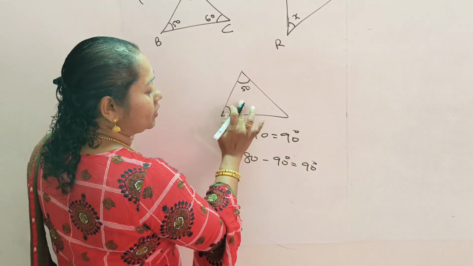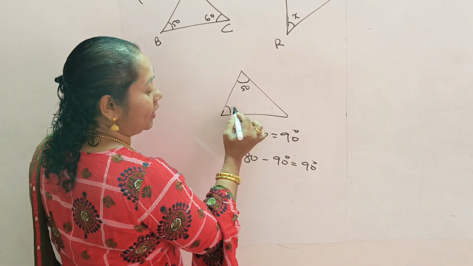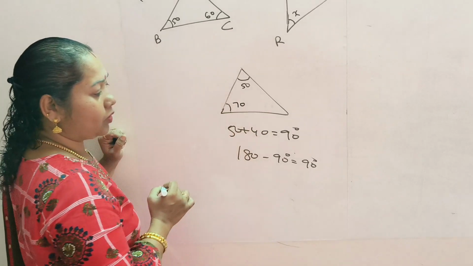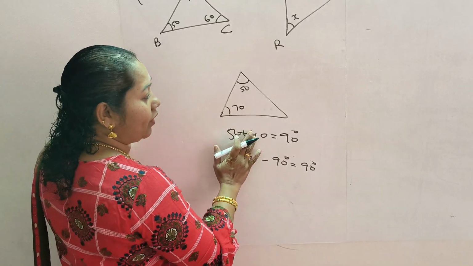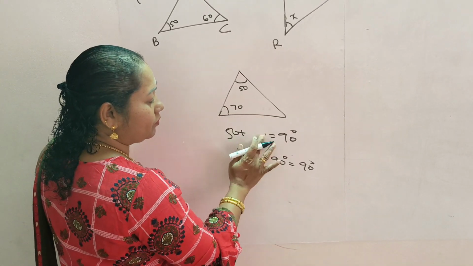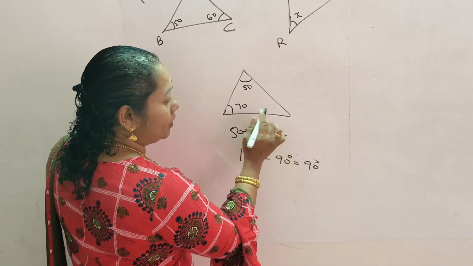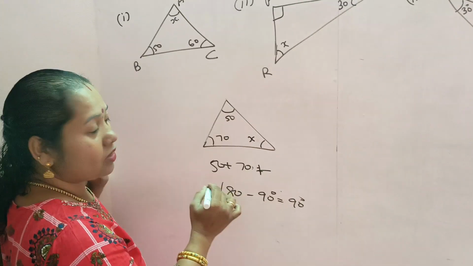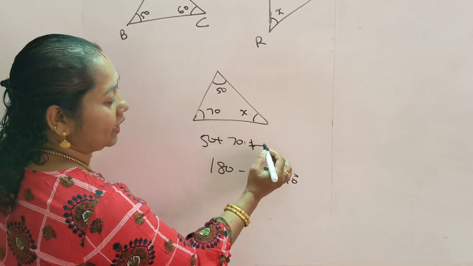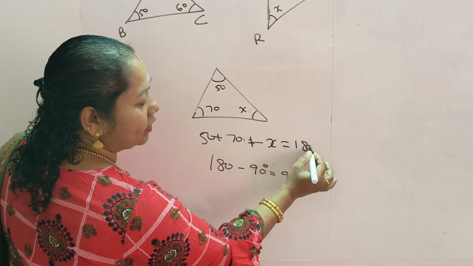Okay. And suppose this angle is 70 degree. Then what we have to do: 50 plus 70 plus the unknown value, let it be x, is equal to 180 degree.